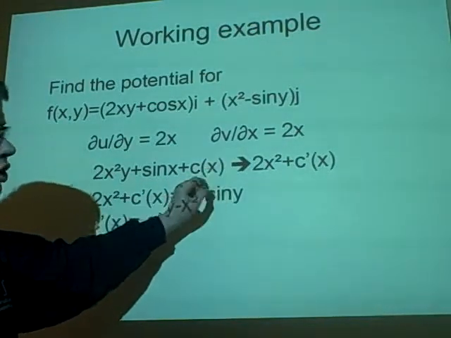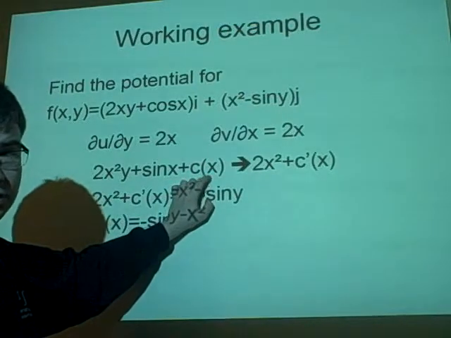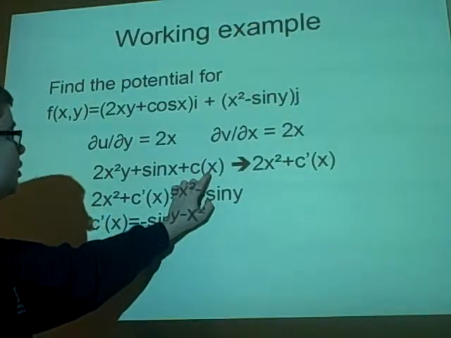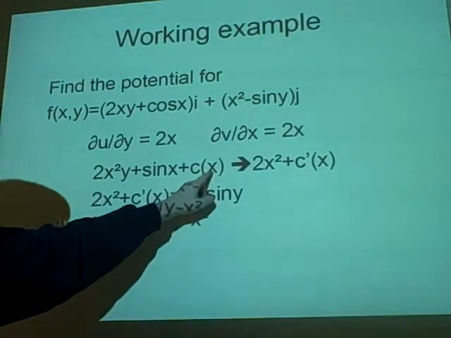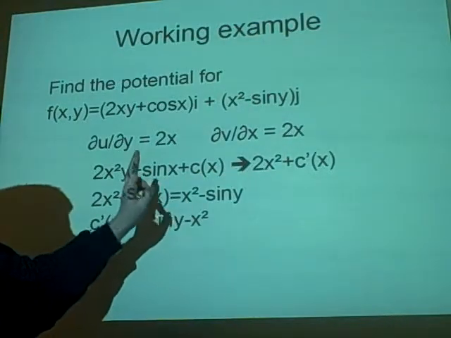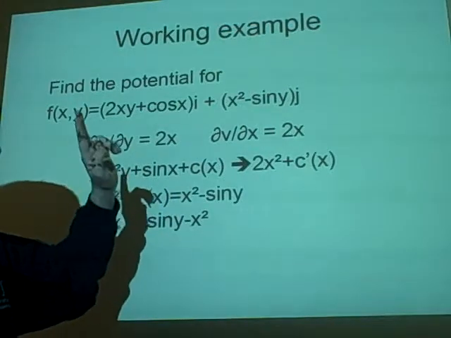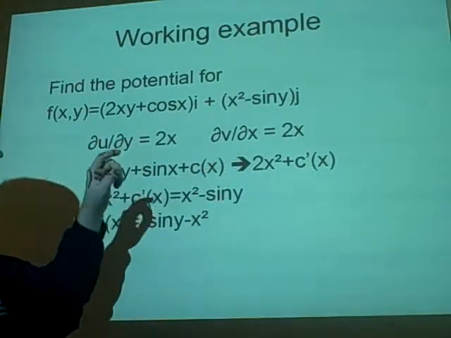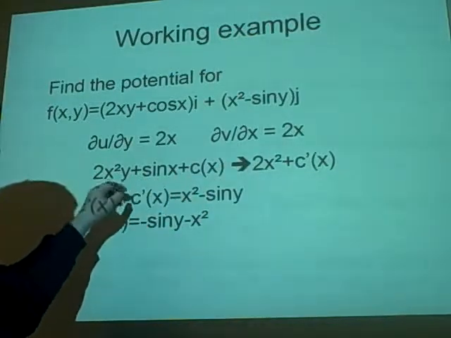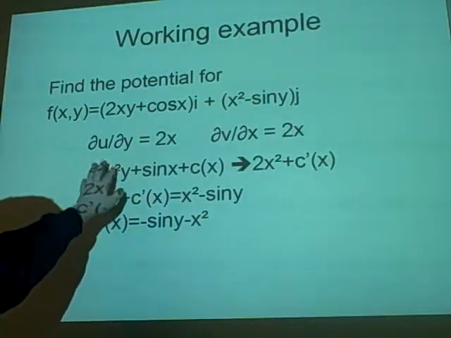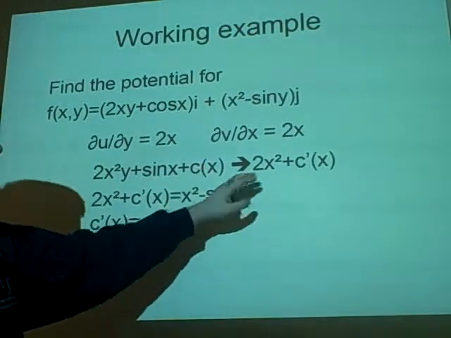I've put the x just to remind us what it's part of, because we got it by integrating with respect to x, so it's going to be an x function. And then we differentiate this with respect to y, so this has just become a constant, that'll cancel out. This y just disappears, so we're left with this, and we're differentiating this as well.